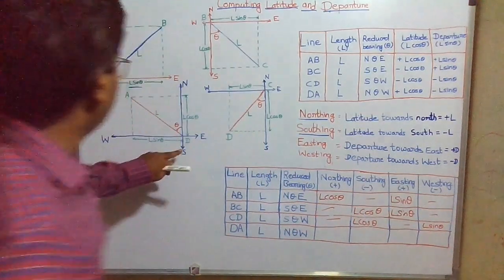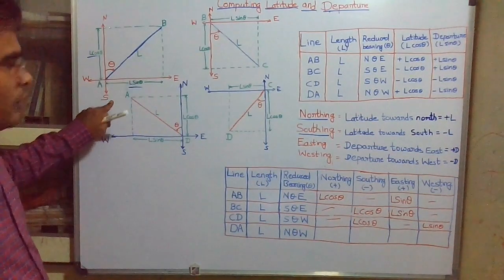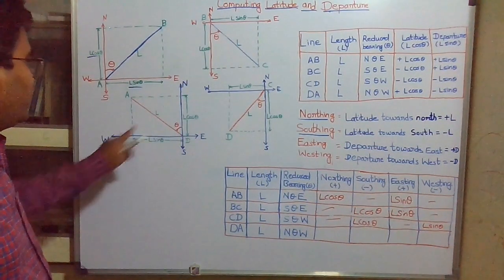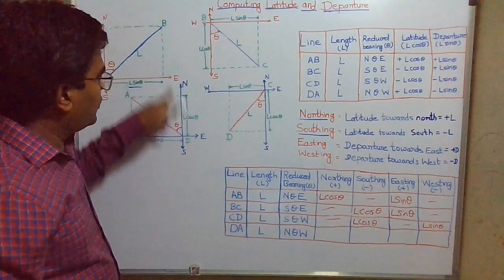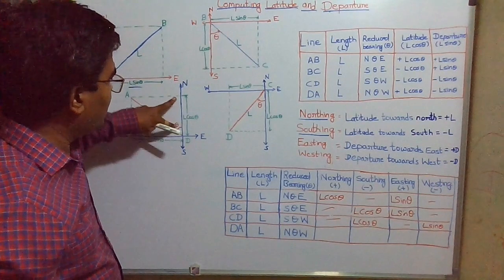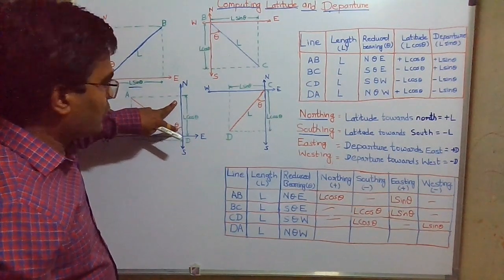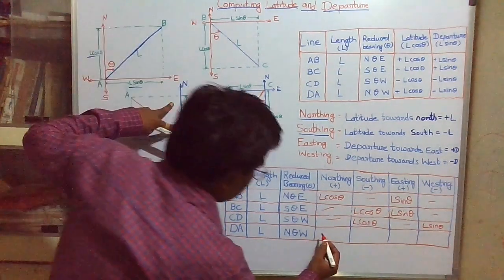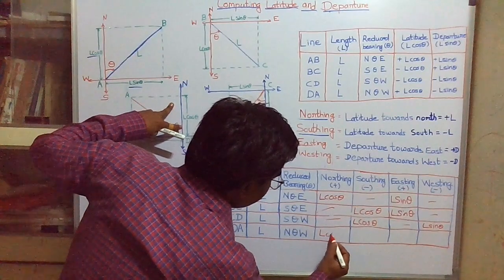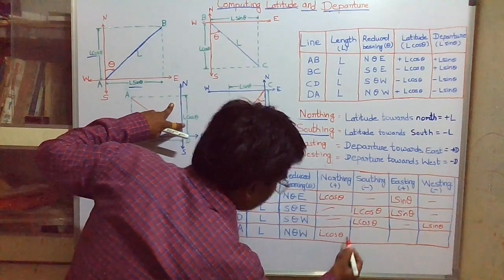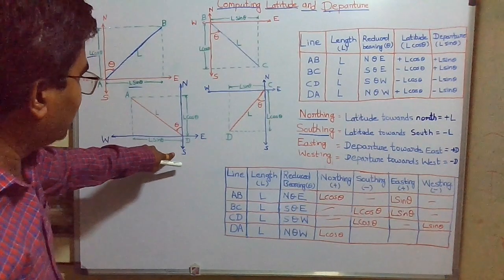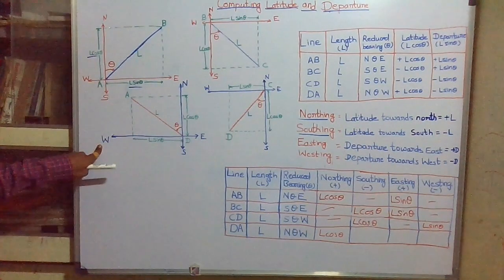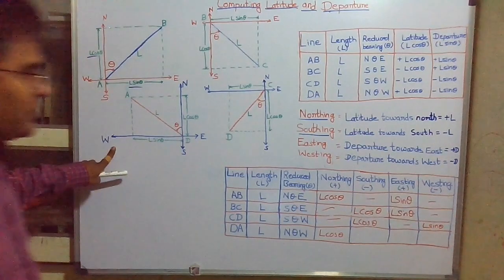The next line is line DA, having reduced bearing north theta west, so it is in the northwest quadrant. Here the latitude is along north, so we write this latitude L cos theta in the northing column. The departure L sin theta is along west, so we write it in the westing column.